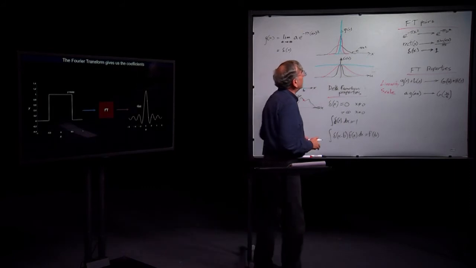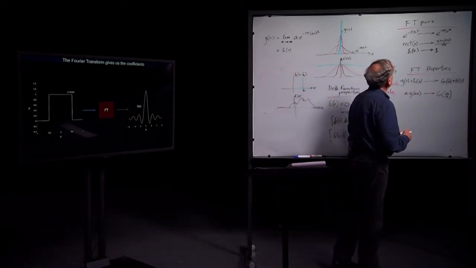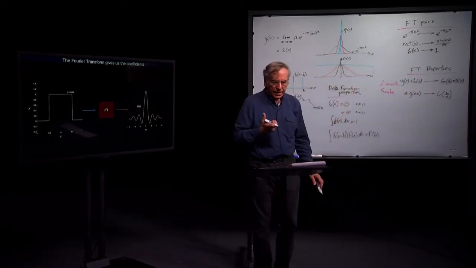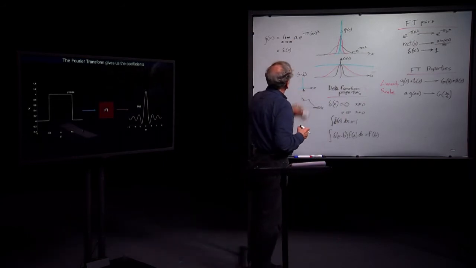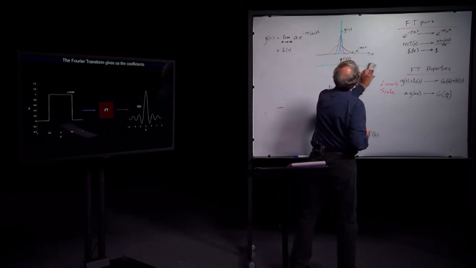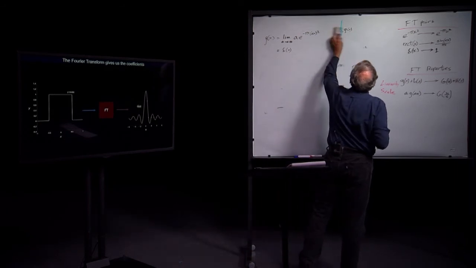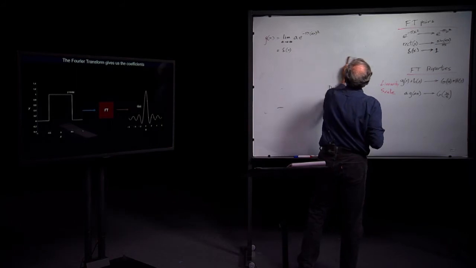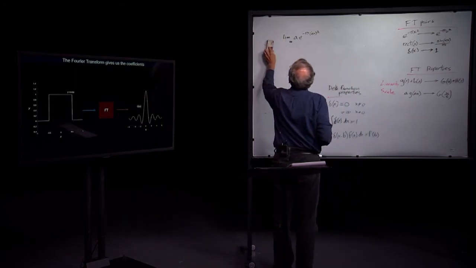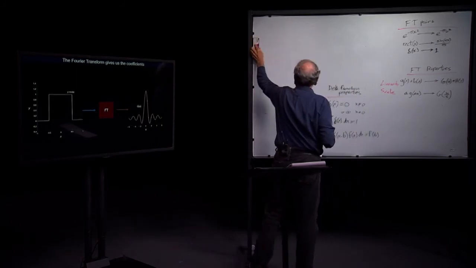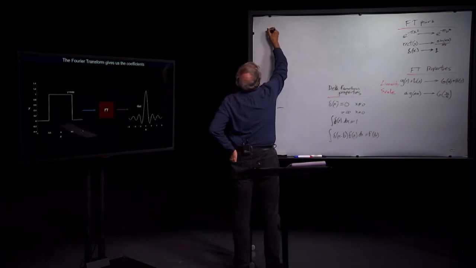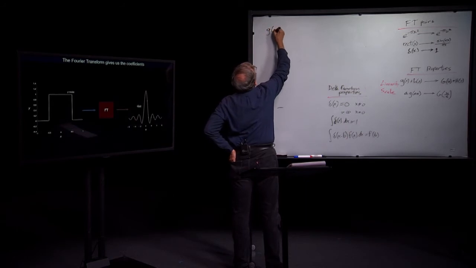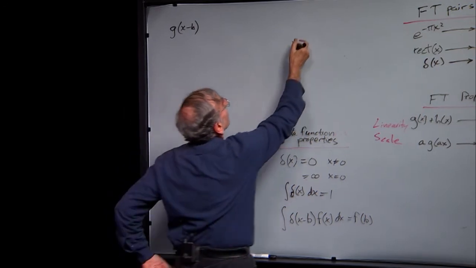Okay, we're almost done with our table of Fourier transform properties, except that I want to talk about the shift property. So we'll do an example of that. So the question is, if I have a function g of x minus b, so I've taken my function and I've shifted it over.